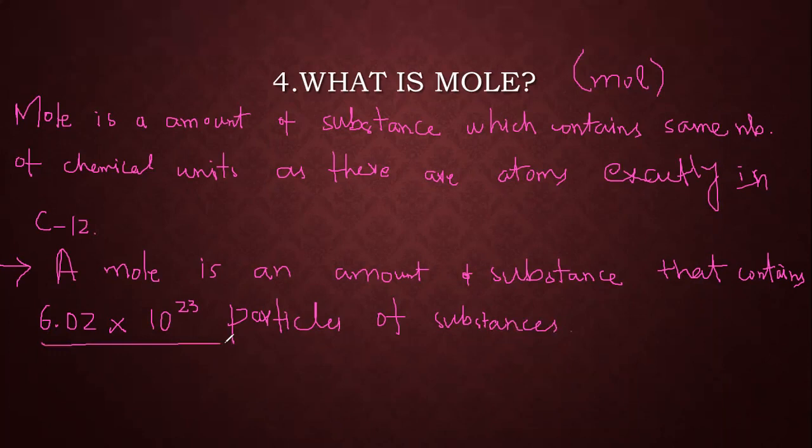Basically, 6.02 × 10^23 particles is also known as the Avogadro number. Its symbol is Na.